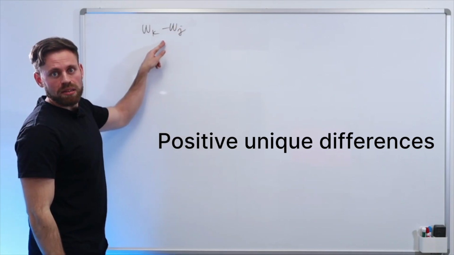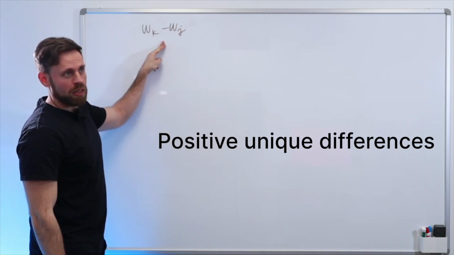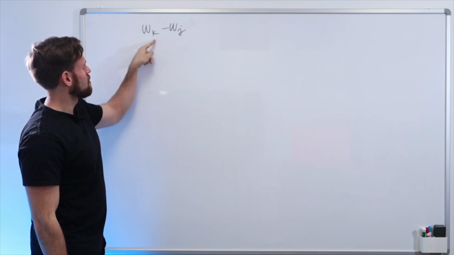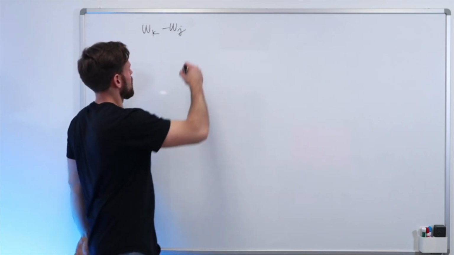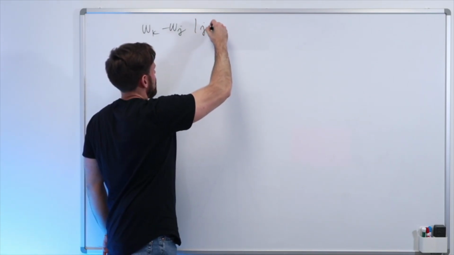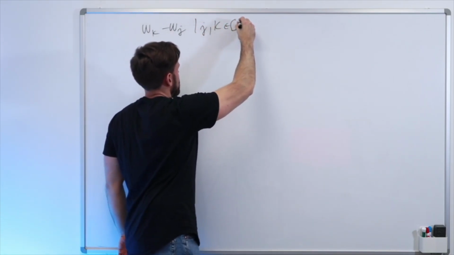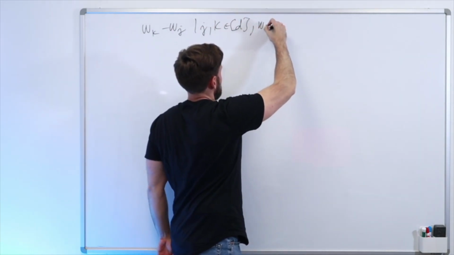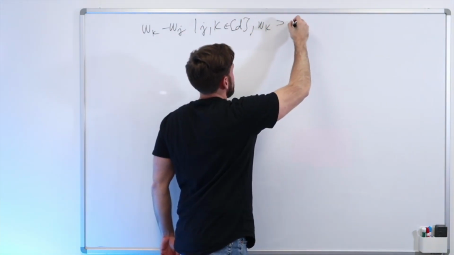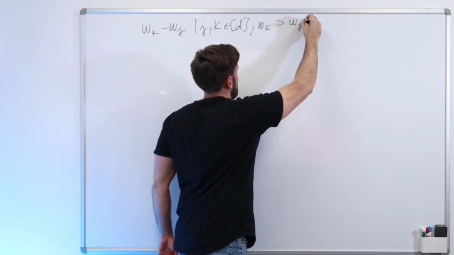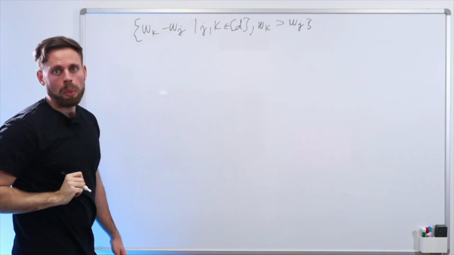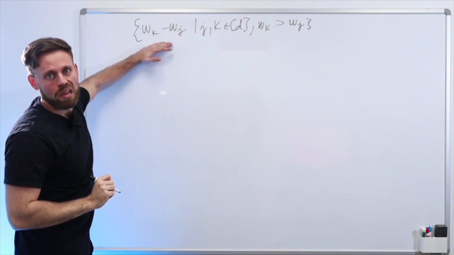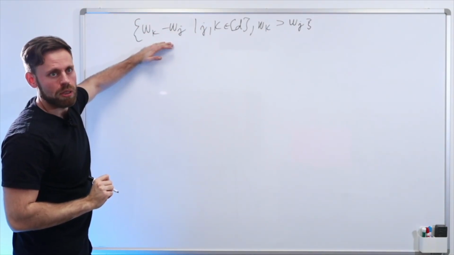What we've seen is that in the x-dependent terms of the expectation value, there will be such differences in the exponents, omega k minus omega j, such that j and k are from square bracket d, and omega k is going to be bigger than omega j. If we create the set of such differences, we will call this set the set of positive unique differences.